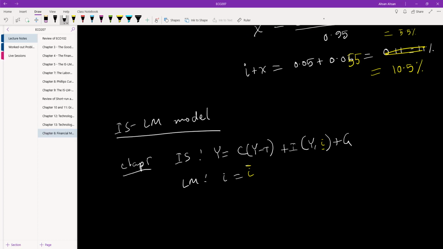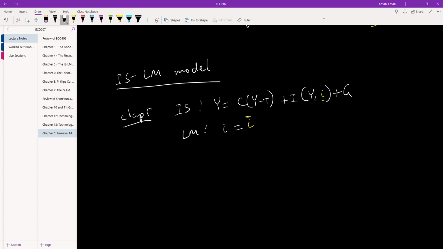Okay. So what I'm going to write down now is the more advanced version of the IS and LM equations. For IS, I'm going to write Y equals C(Y minus T) plus I(Y, R plus X) plus G. And for LM, I'm going to write R equals R bar.